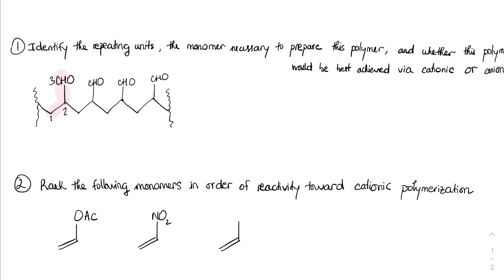So when I count it 1, 2, 3, I get the same thing. But we're not fully sure because we have to keep counting and making sure that they all have the 3 carbons and follow the same pattern. So 1, 2, 3, 1, 2, 3. And I see that I'm correct, and this is the repeating unit that I highlighted in pink.